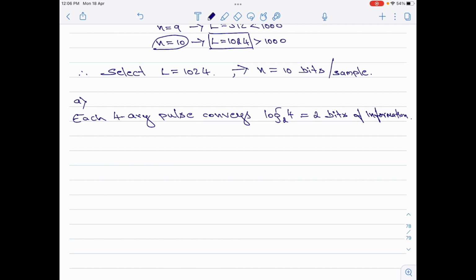So, I will write: minimum number of 4-array pulses required to encode each sample is equal to the total number of bits per sample divided by the number of bits conveyed per each 4-array pulse.